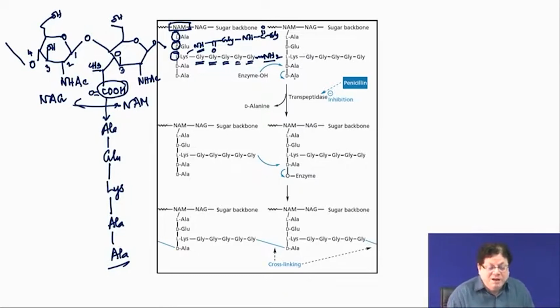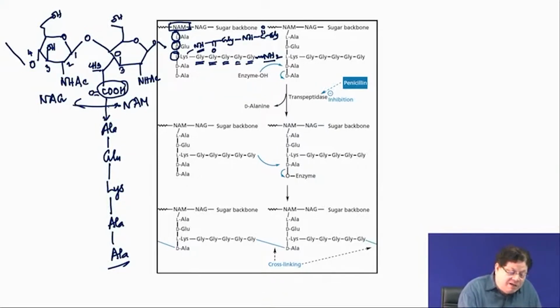D-alanine. Okay. Now, the reaction that takes place in cross linking is, I told you, this side chain reacts with the primary chain that is hanging here. Now, this D-alanine, again you have to be sure what ends up here. You started with NAM, this one. So, this is CO, then NH.